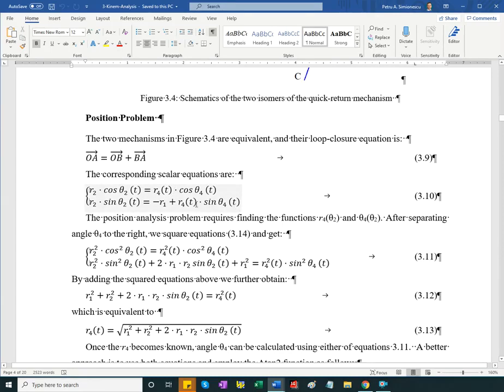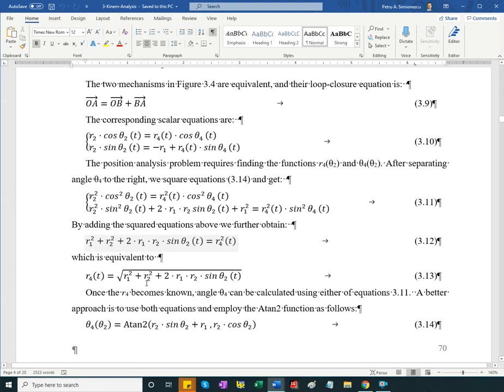So the two equations are coupled, and what we're doing is squaring the two equations and adding them. Before squaring, I isolated just the theta 4 term on one side, so we moved r1 to the left, and we square them.